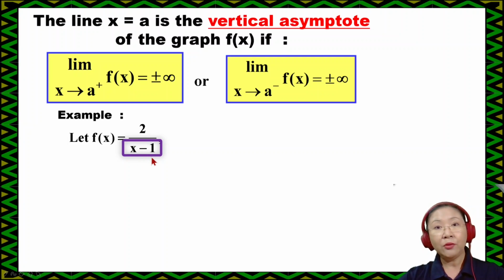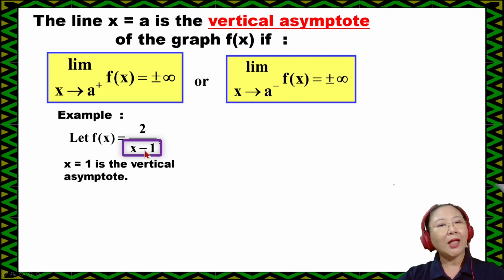There might be 1, 2, or 3 values of A. So what we do is we take the denominator and we let it be 0. Then we will find x values from it. So if there is only one denominator, x minus 1, we take x minus 1 equals to 0 and we get x equals to 1. Then that's our vertical asymptote.